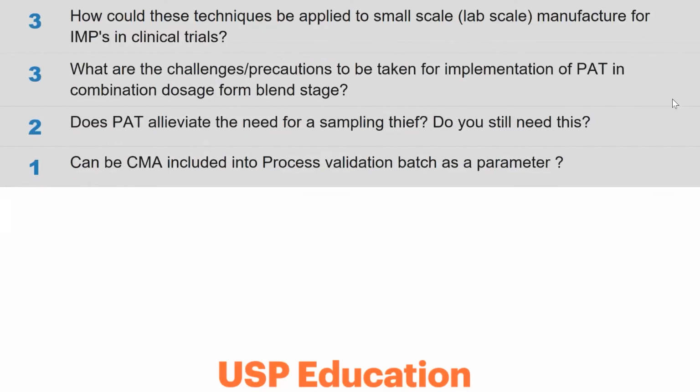With respect to the next question, how could these techniques be applied to small scale, lab scale manufacturing in clinical trials? That is going to be difficult, right? I'm sure there are process analytical people that can design and help you implement a probe for any sort of scale, but for clinical trials, these are typically small batches, as you say, more lab scale.